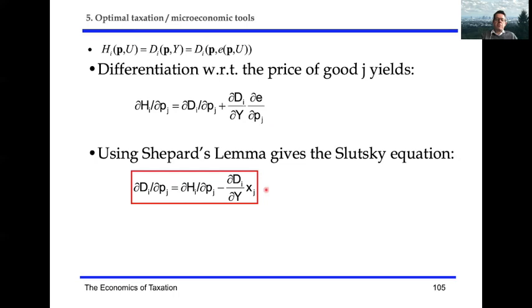So we have an income effect that is weighted by the amount of good j that is consumed by the consumer. And we have a price effect.